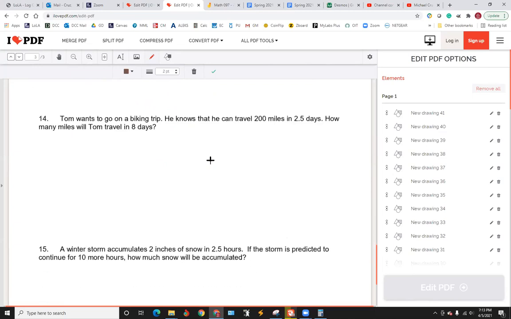All right, try this 14. You've got miles to days, and then we want to know how many, which is our x, in days. So the variable is for the miles.